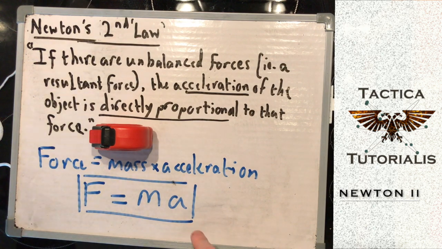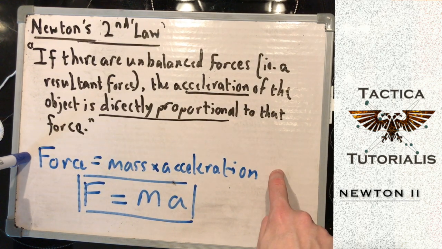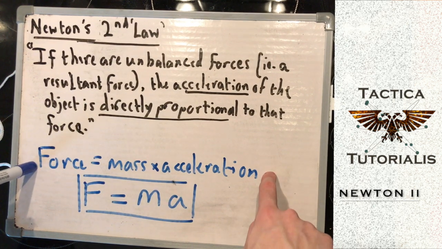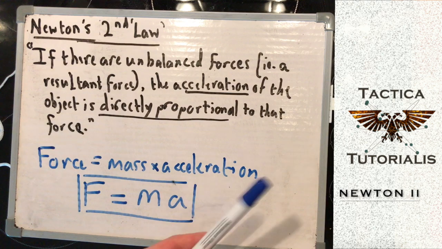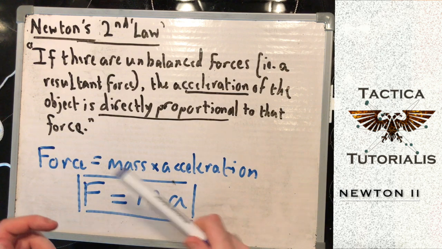So if you're doing this at GCSE, then you'll have been introduced to the idea of vectors. Force and acceleration are both vectors, meaning they have a size and a direction. And that means that whatever direction the force is applied in, whether that's to the right, to the left, up, down, whatever, the acceleration and therefore the change in speed and thus pretty much the movement is in the same direction.